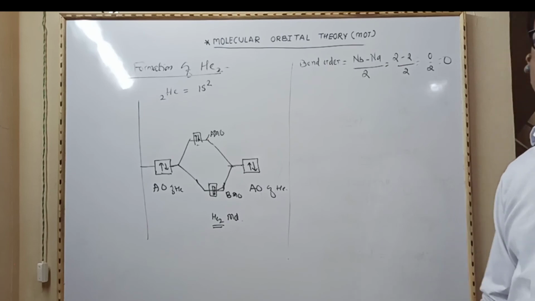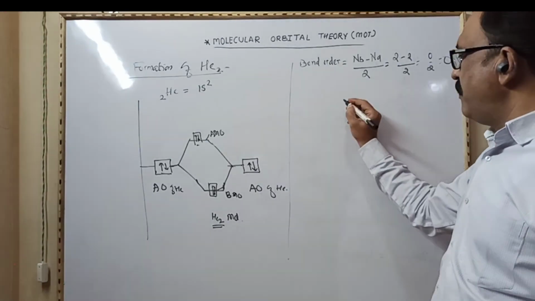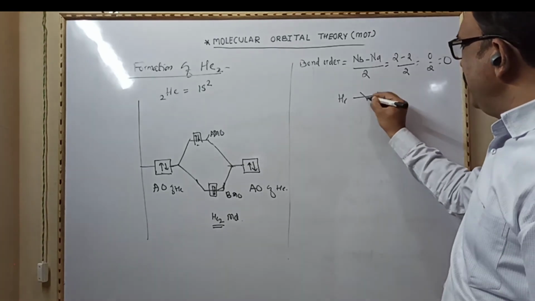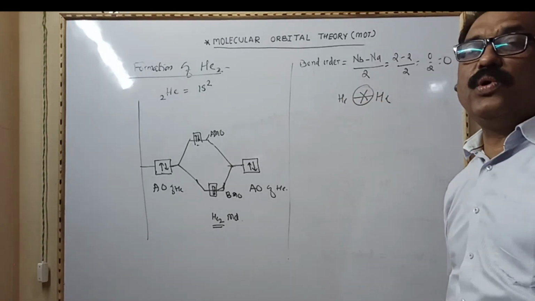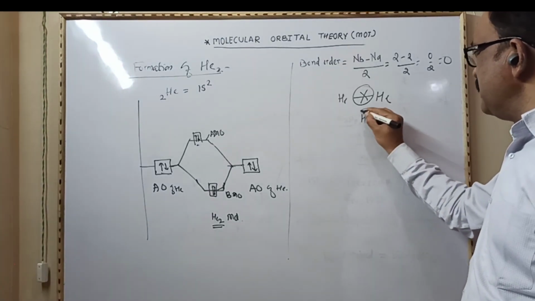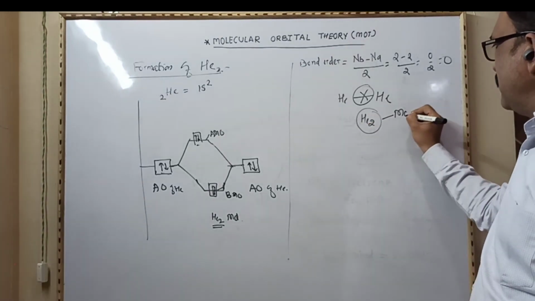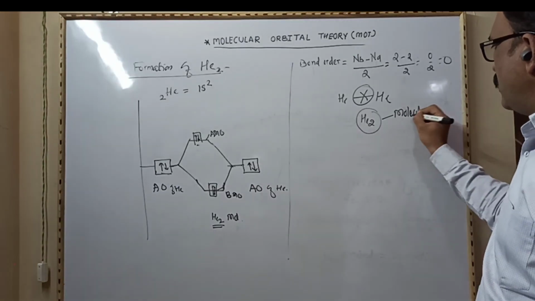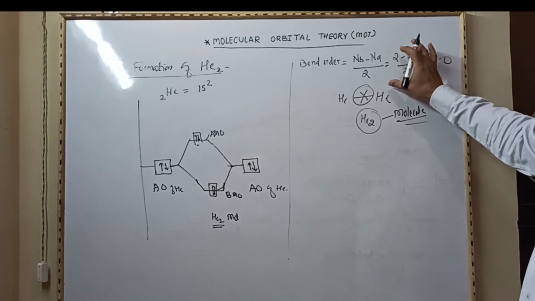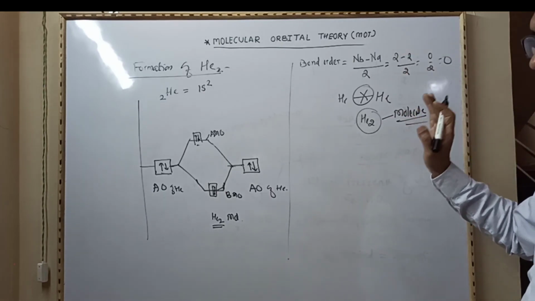The bond order is equal to 0. That means no bond will be present between the two helium atoms. That is, the formation of the He2 molecule is not possible, because the bond order is equal to 0.